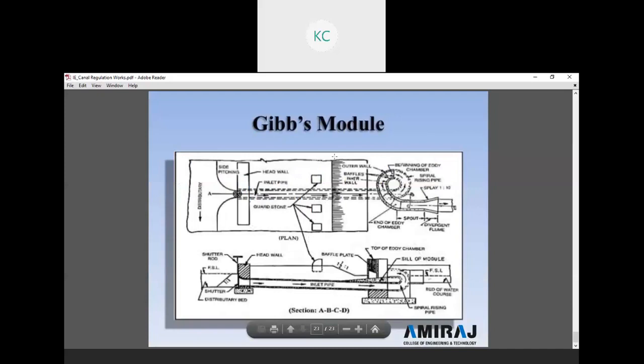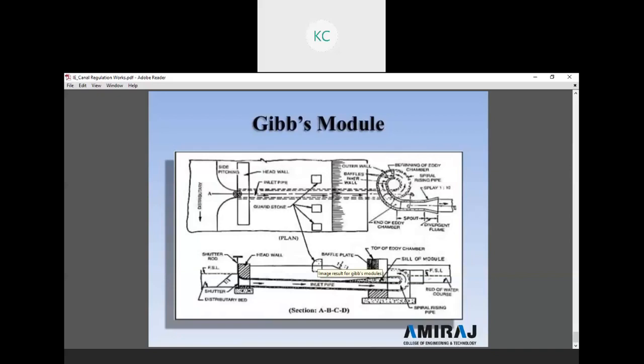So this is the definition of the Gibbs module. This type of construction, or a baffle plate, is provided at the midpoint of the Gibbs module when the water flows at the FSL, full supply level.